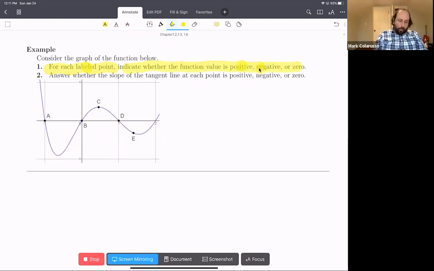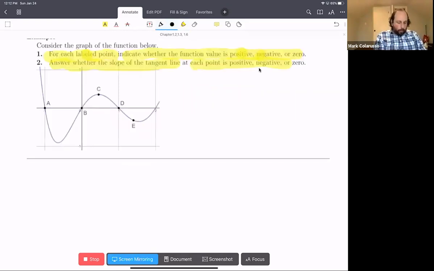And the second part of the question wants us to answer whether the slope of the tangent line at each of these labeled points is either positive, negative, or 0. And like I said, people tend to get confused with values of function versus slope of tangent line. And so we'll see in this example very carefully that these are two very different things and they're not related in general. Okay, so number one.